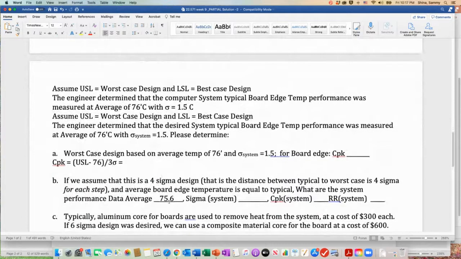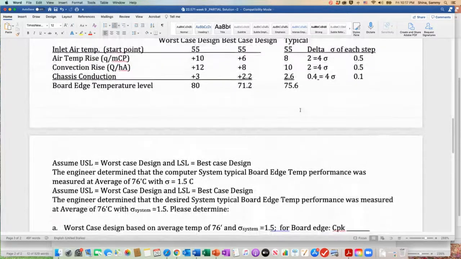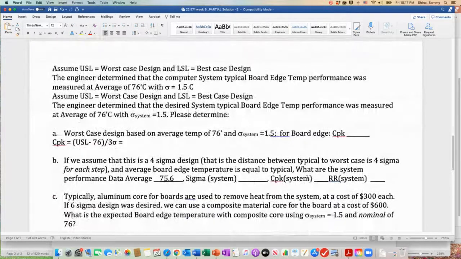So essentially he said, what's the sigma of the system? The sigma of the system is taking each process step, each design step, squaring it, taking the square root. That's the sigma of the system. And what's the CPK of the system?